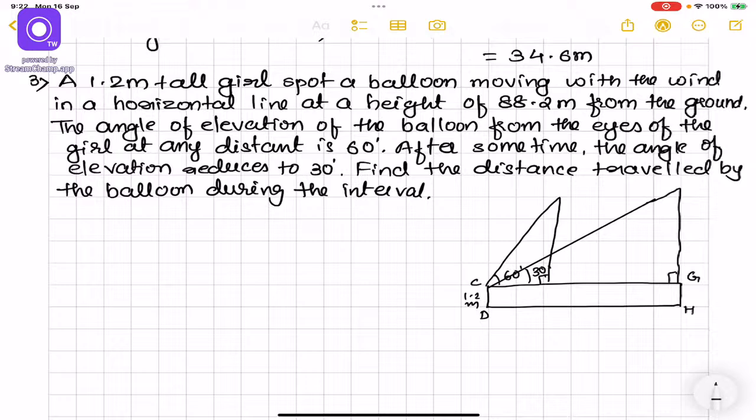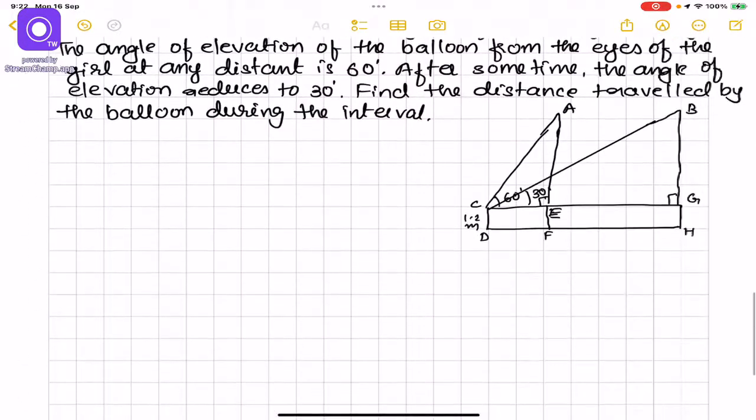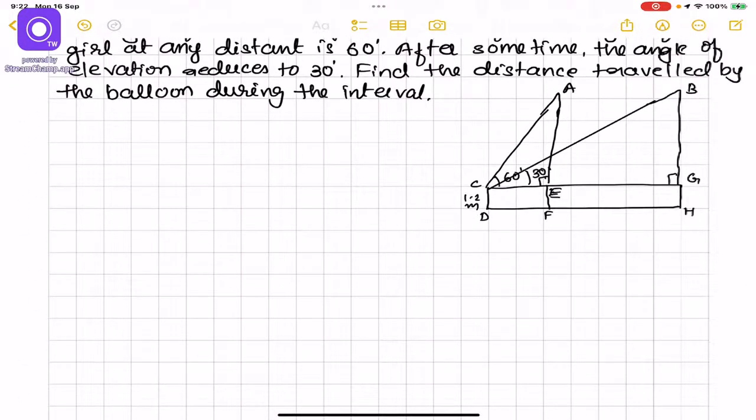Let me make this a little bit up because that line has gone a little bit up. So this is A, this is E, and if I touch it down it is F. And this is B, this is G, this is H. Now I am given 88.2 meter totally.